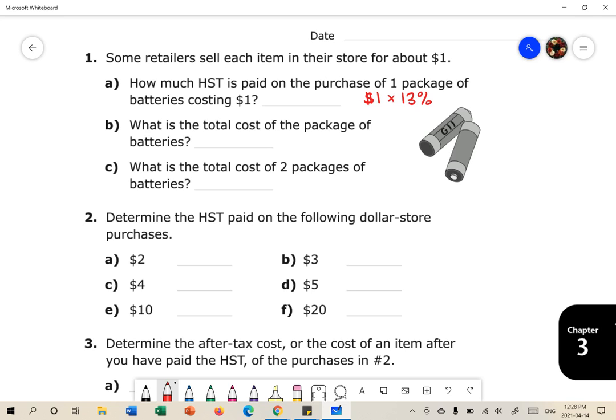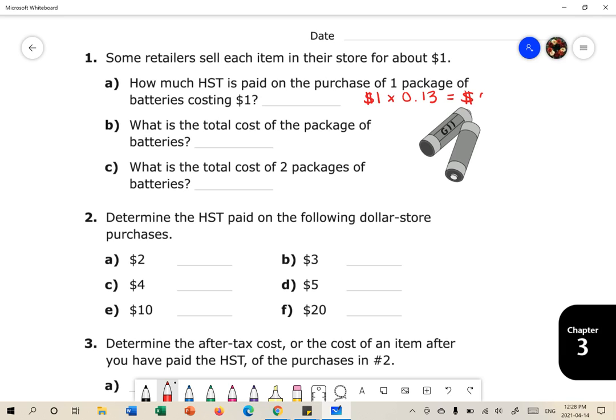And I'm going to ensure that my 13% is in decimal form. Whenever we are calculating percents in our calculator, we need to convert it into decimal form. So that means dividing it by 100. So 13% becomes 0.13.